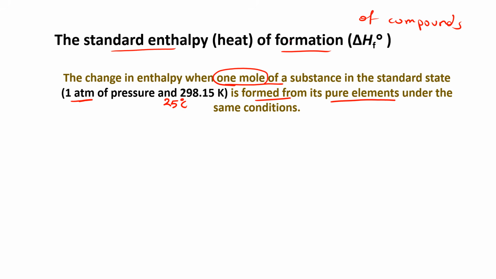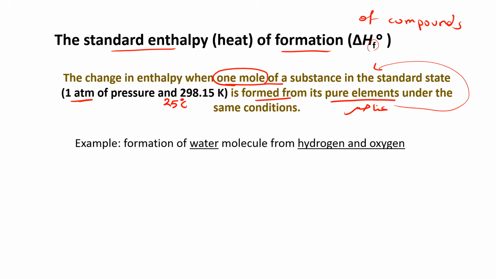So the delta H formation is actually the change in heat in which pure elements react together to make a compound, okay? So for example, the formation of water molecules from hydrogen and oxygen.